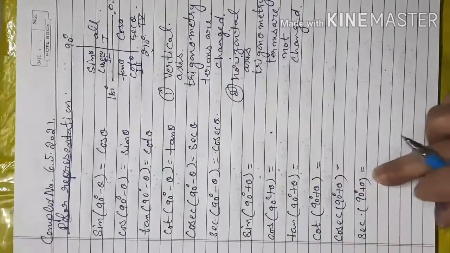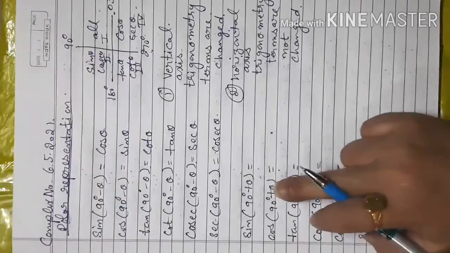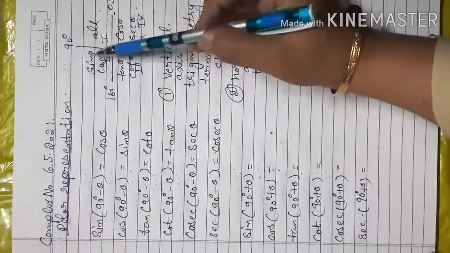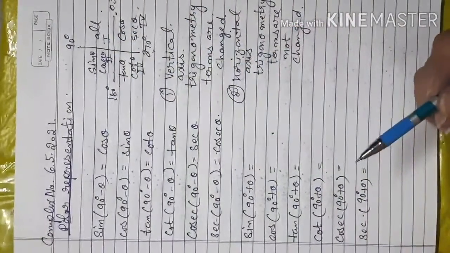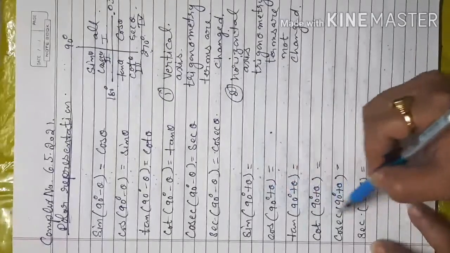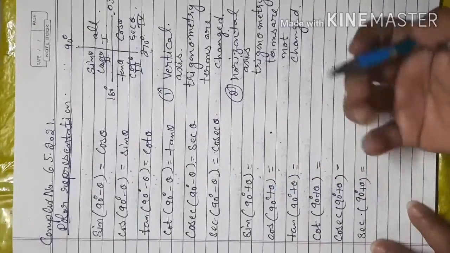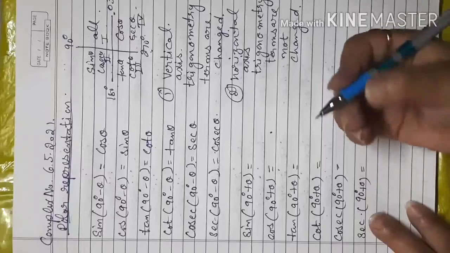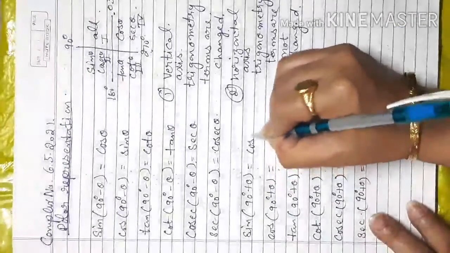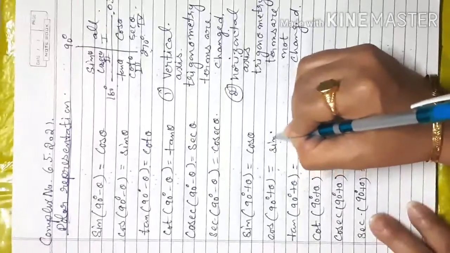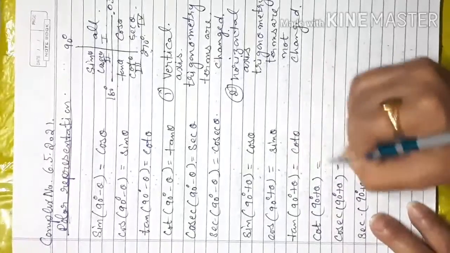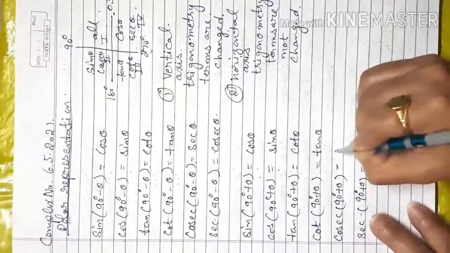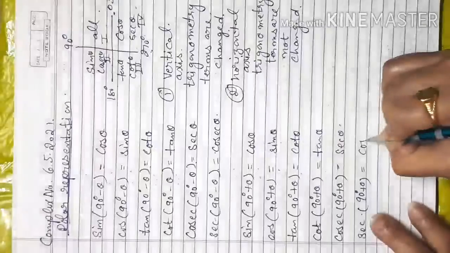But when we go to the second quadrant, like 90 degree plus theta, that means it lies between 90 degree and 180 degree. So since we are using 90 degree, the trigonometric term will be changed again, like here cos theta, sine theta, cot theta, tan theta, secant theta and cosecant theta.